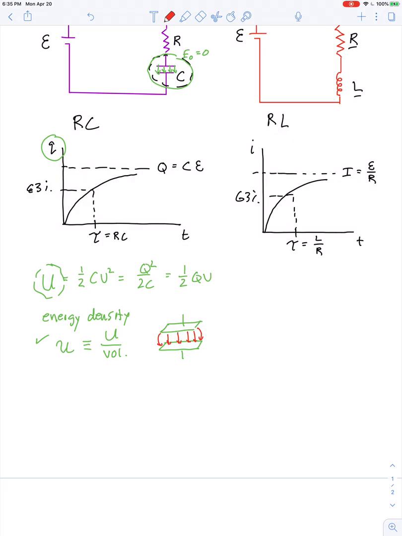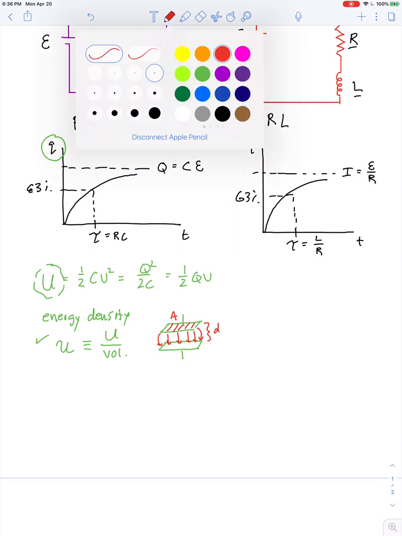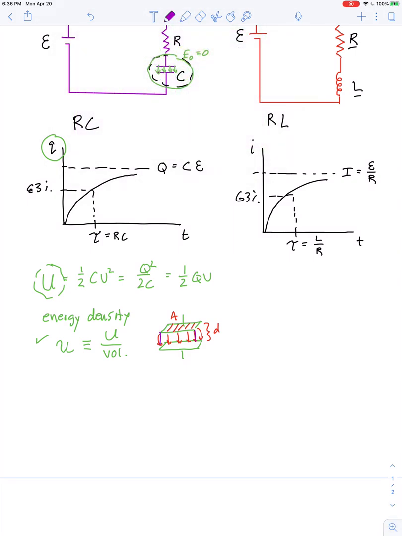So let's see. It has an area of A and a separation of D. So if we shade this in, all of that shaded volume contains electric field, and that's where this energy is contained. So let's go with the expression, how about 1/2 CV squared?